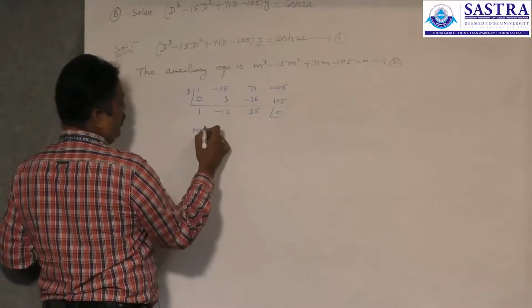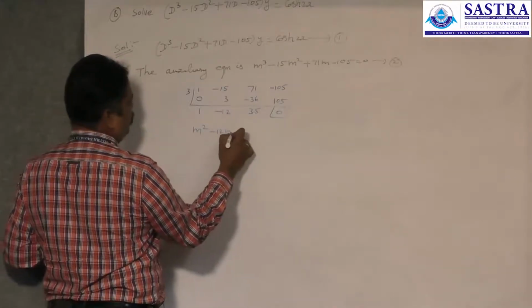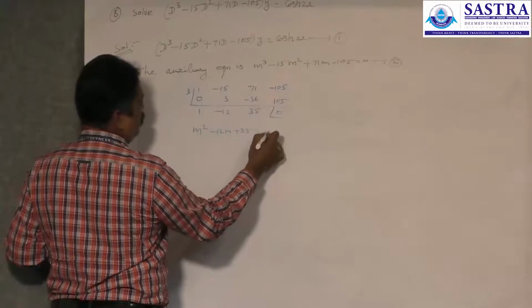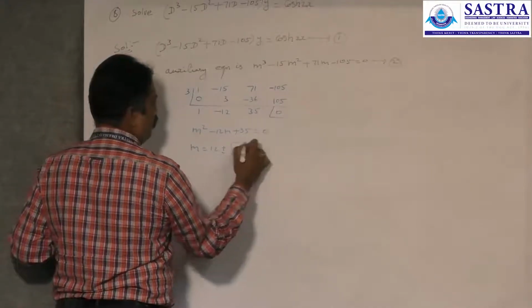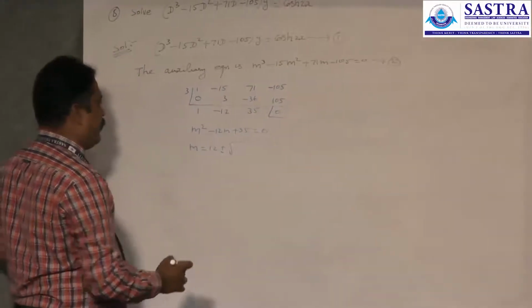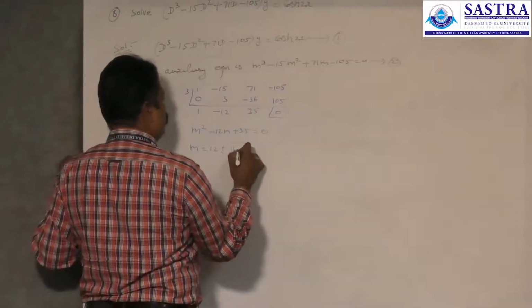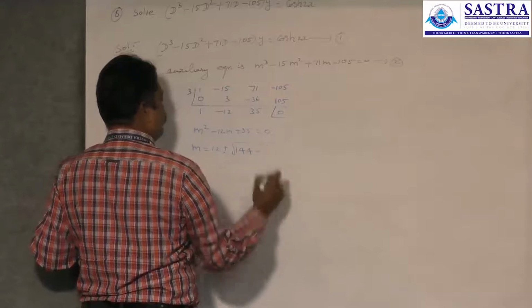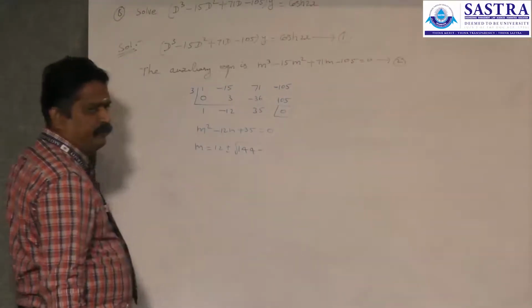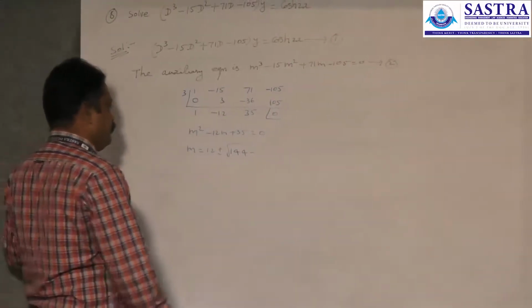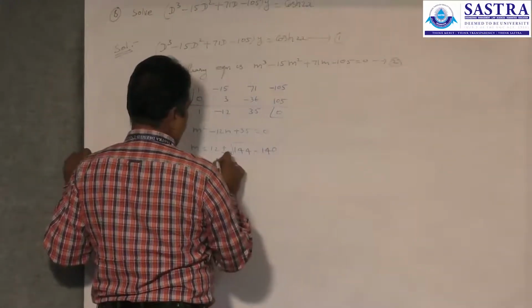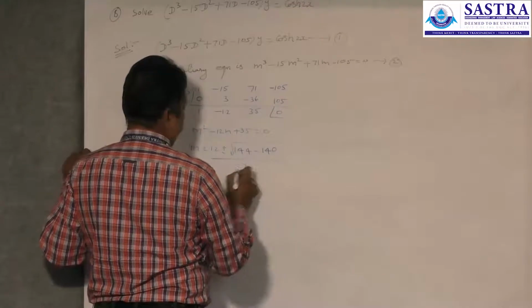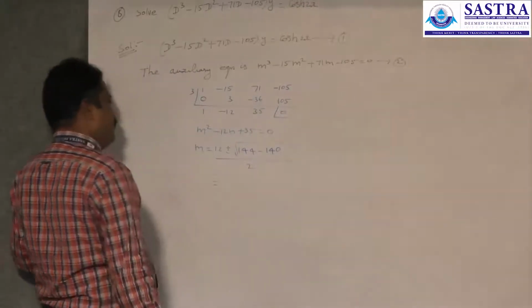The transformed equation is m square minus 12m plus 35 is equal to 0. m is equal to minus b plus or minus root of b square, that is 144, minus 4ac, 4 into 1, 4 into 35, 35 4s are 140, divided by 2a. 35 2s are 70, 70 2s are 140.